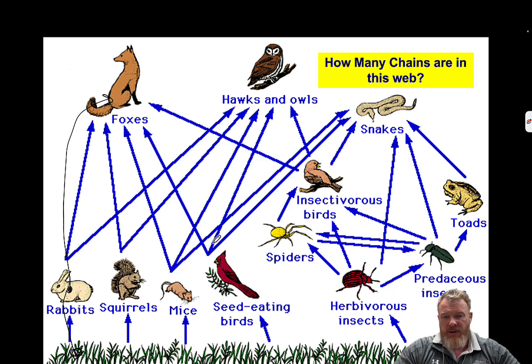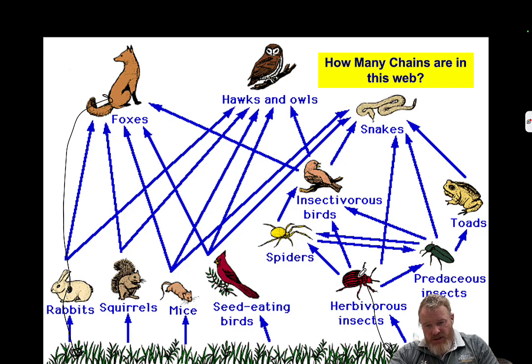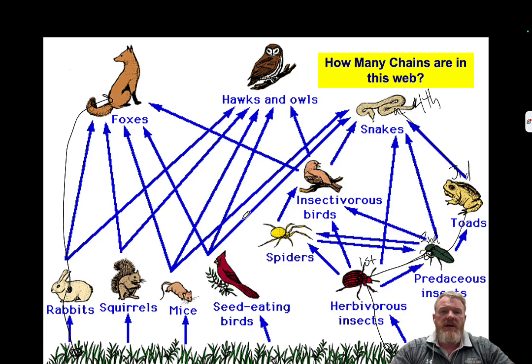Okay, we can also have our producers. Once again, always starts with our producers. Go to herbivore, insect, predaceous insect. So we got first, second, we got our toad at third. Okay, if we keep going on this, now we got our snake at fourth. Okay, another one.